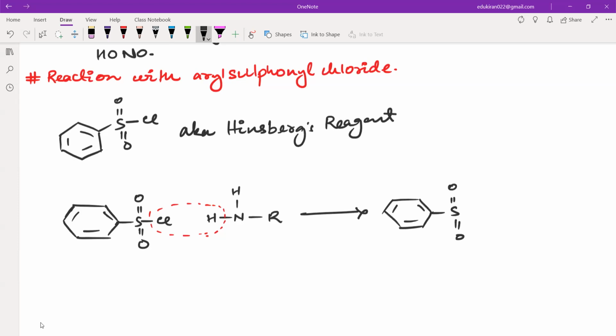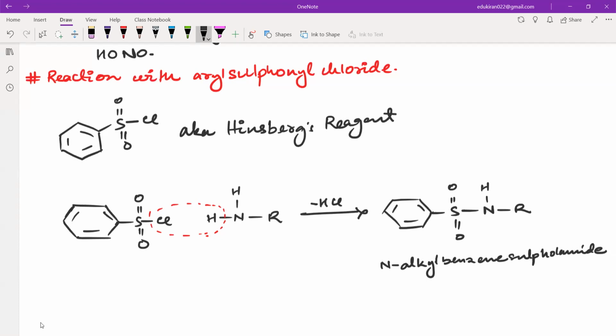The sulfonyl group is as it is, and now it has a bond with nitrogen. There is 1 hydrogen here, and there is a R group. So you can say that it is N-alkyl benzene sulfonamide. Okay, so you can see that the name is very big, but the reaction is quite simple.